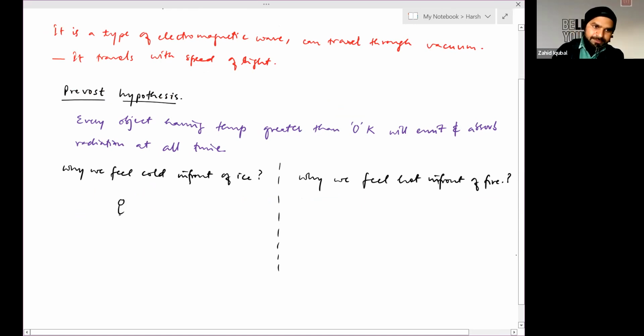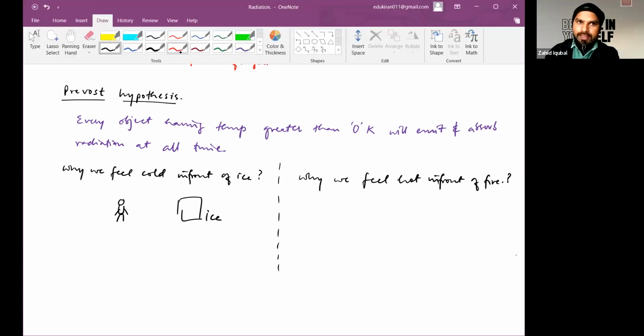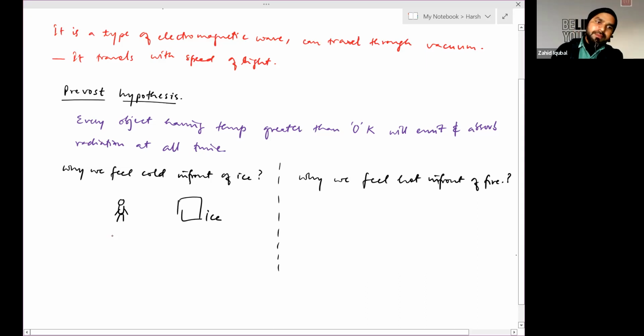Suppose there is an individual in front of ice. According to the Prevost hypothesis, every object will continuously emit and absorb radiation at all times. Since human body temperature is about 310 Kelvin and the temperature of ice is 273 Kelvin, the body will radiate a greater amount of radiation and the ice a lesser amount.